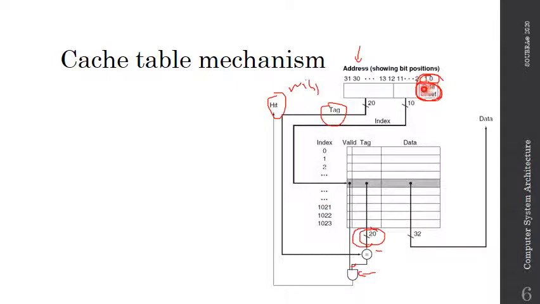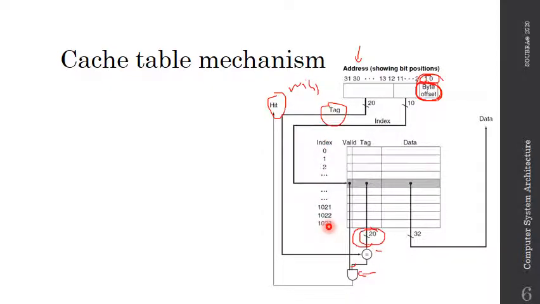And hence, in order to reach the byte within the word, we're using the 2 bits to offset whatever we need within that word. Fair enough? Awesome.